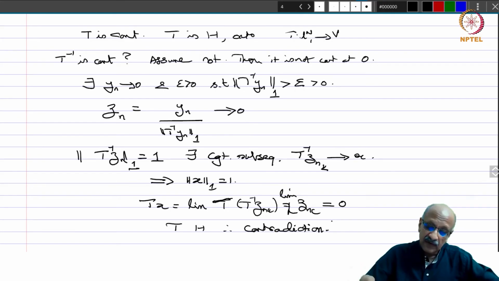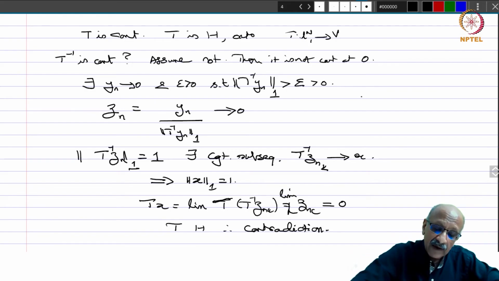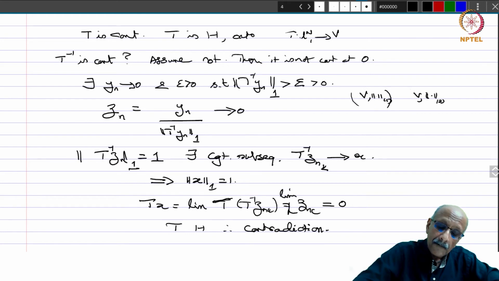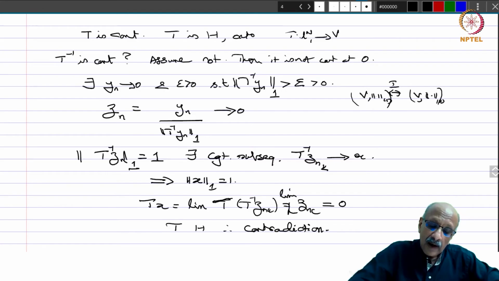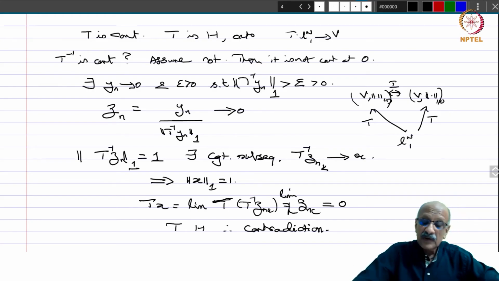Consequently, T inverse is also continuous, and therefore, as I said, we have here V with norm 1, V with norm 2, and the identity map between the two, and then the same map T from Ln1, which is an isomorphism.